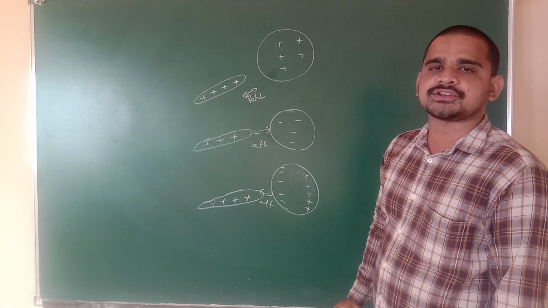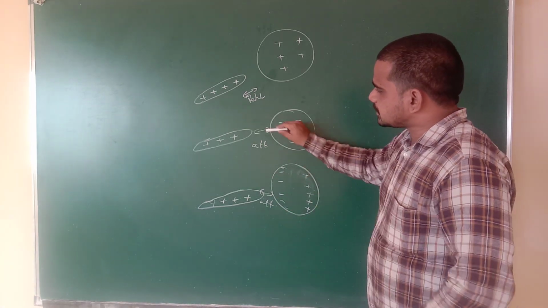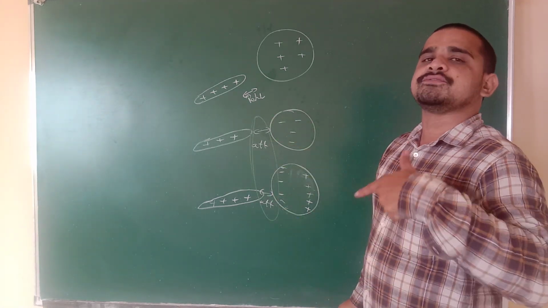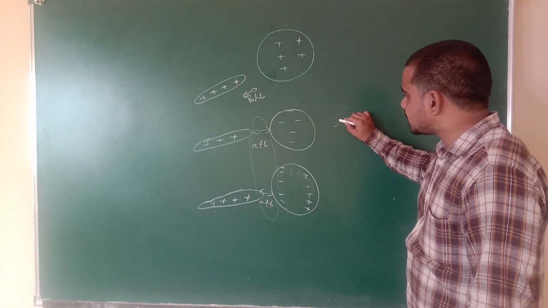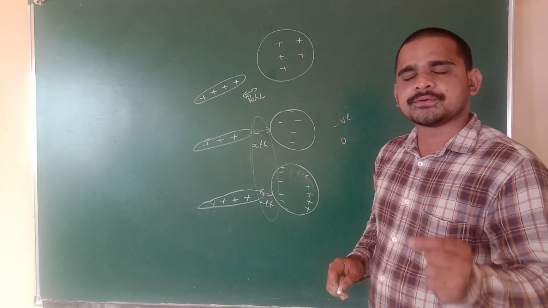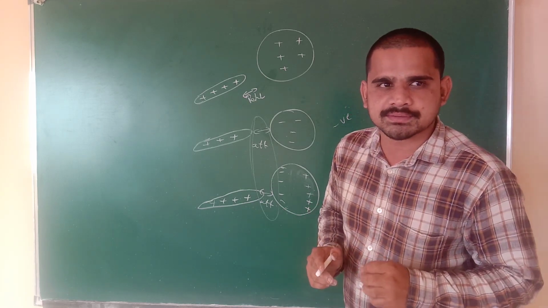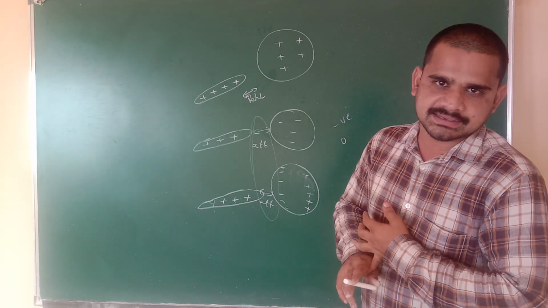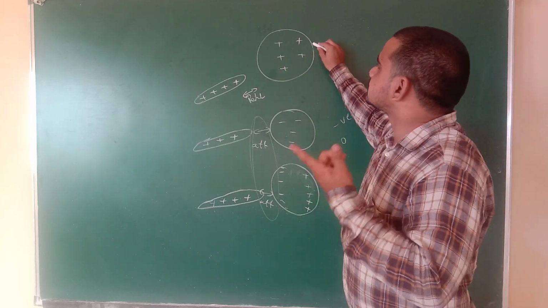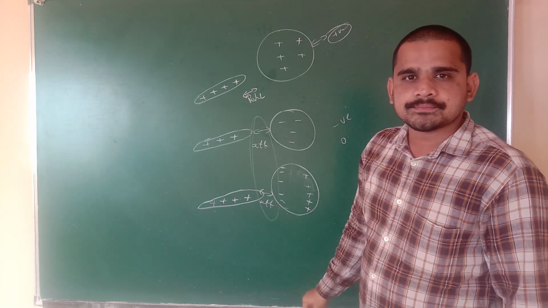So if a body is attracted, it may be a negatively charged body or a neutral body. If it is repulsion, I can say 100% this is a positively charged body only.